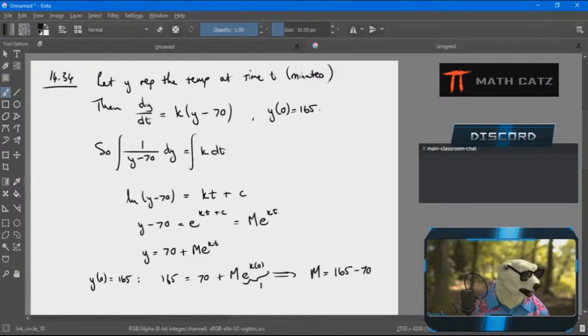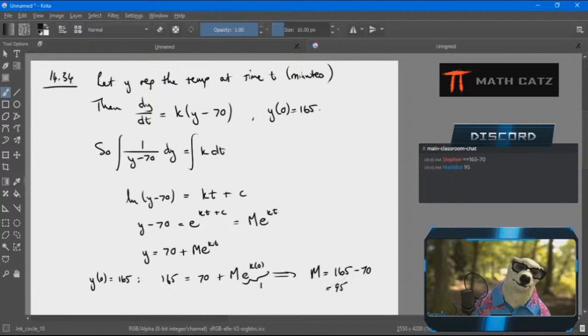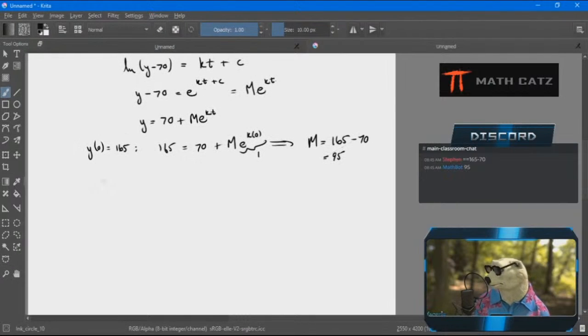I'll just put it in the chat so you have something to look at. And it is, of course, 95, not 190 or 195, just 95. So where are we now? We have our function of time, which is 70 plus 95 e to the kt.